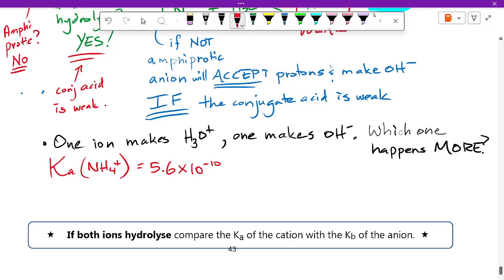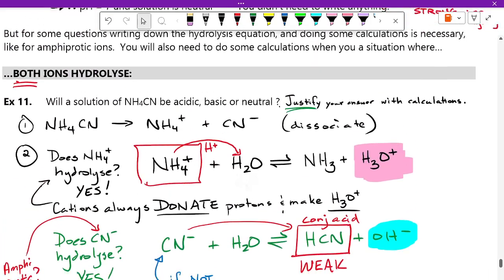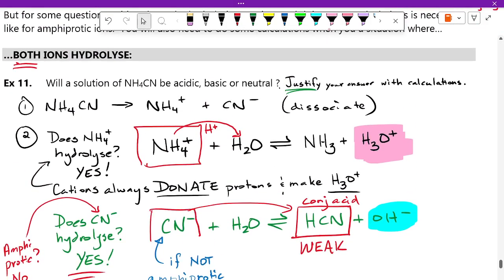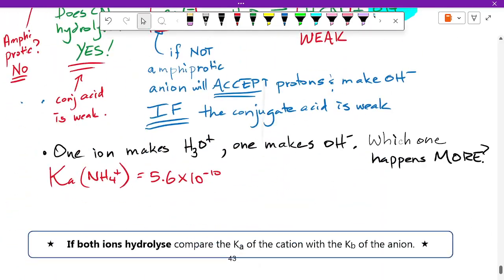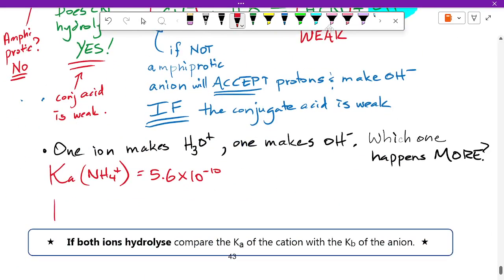Who will we be looking up the Kb for or calculating the Kb for? CN minus. Okay, so it is the CN minus that is making the hydroxide. So we look up the Kb for CN minus, so we don't look it up, we say that's equal to Kw over Ka, and you should always put something in brackets here.